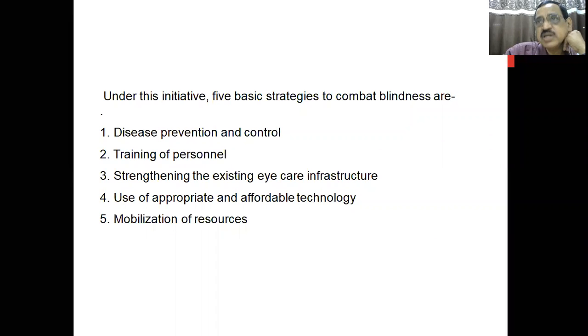We need to have a good infrastructure to show the best results, so the existing eye care infrastructure will have to be strengthened by the government to achieve the goal. Then, use of appropriate and affordable technology. Whatever technology is there, we should be able to use it. And mobilization of resources.